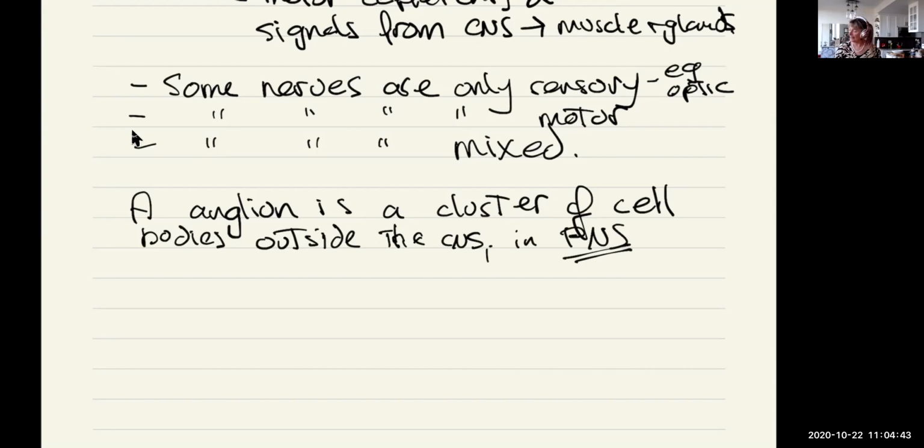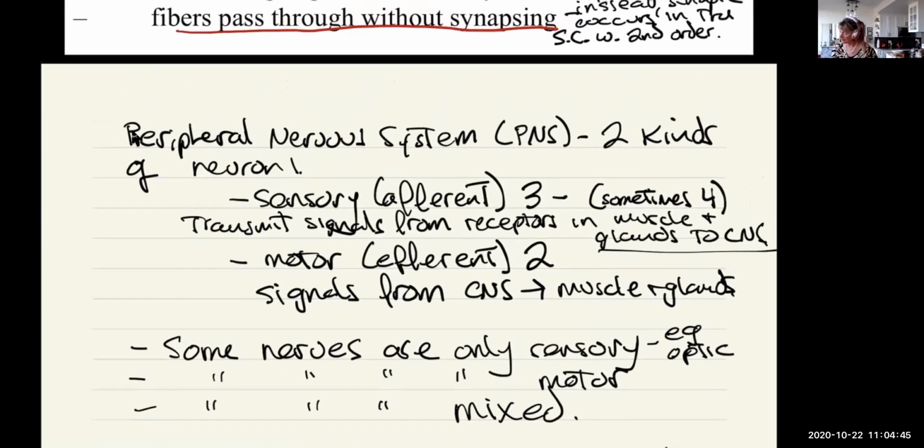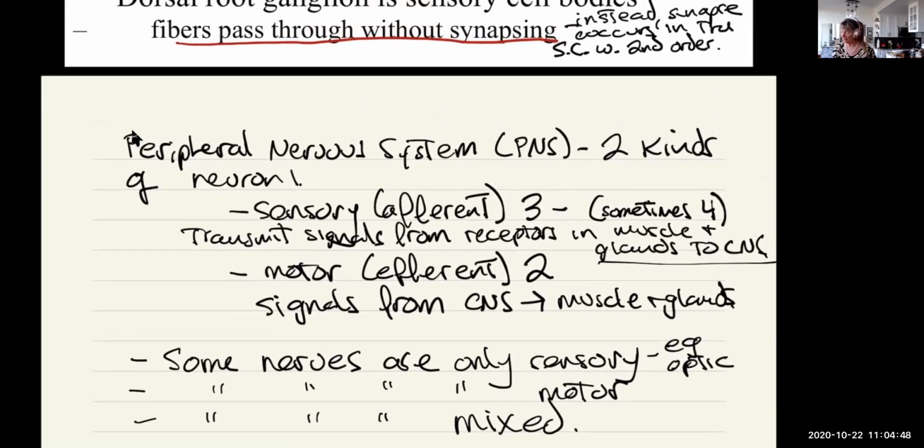Oh, I see. Yes. So the pathway of sensory neurons from receptors to the cerebral cortex requires 3 sensory neurons in a row. The first order sensory neuron begins at the receptor and ends in the spinal cord or medulla. The second sensory neuron synapses with the first one and goes to the thalamus.